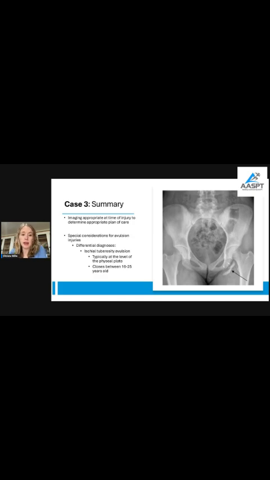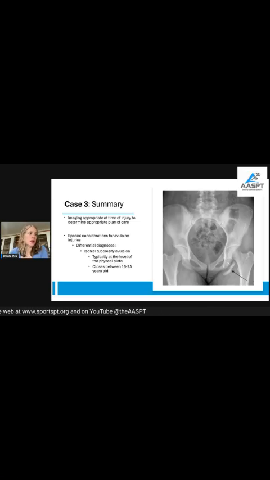In that case, the physeal plate might be where the injury is occurring, and that closes between 16 and 25 years old. So any high school, even certainly some collegiate athletes with pain at the ischial tuberosity and an appropriate mechanism of injury may warrant ruling out that ischial tuberosity avulsion as well.